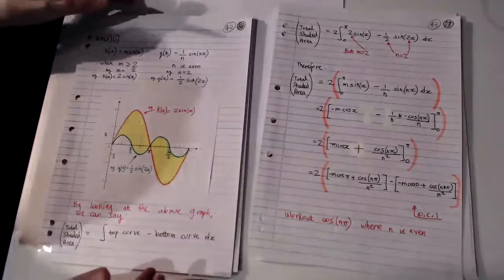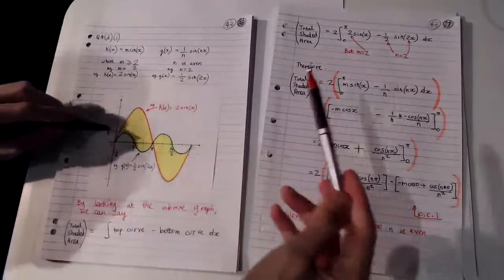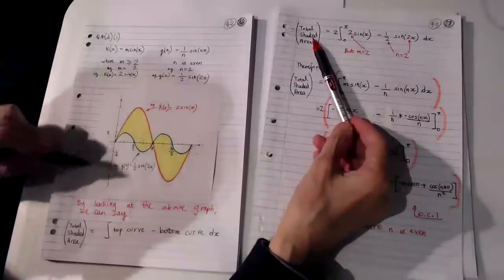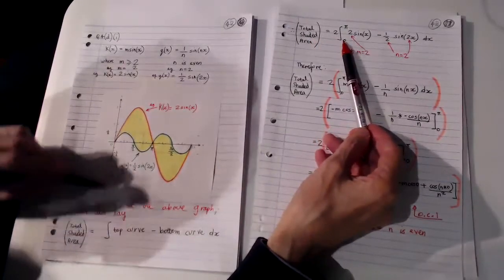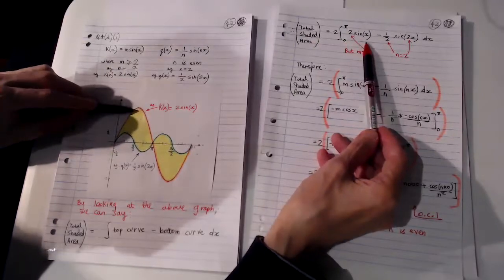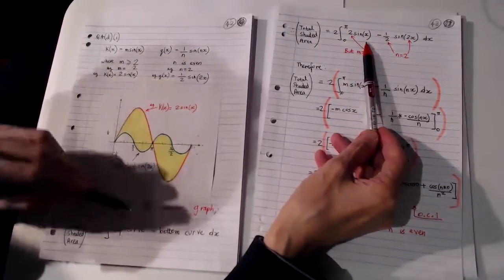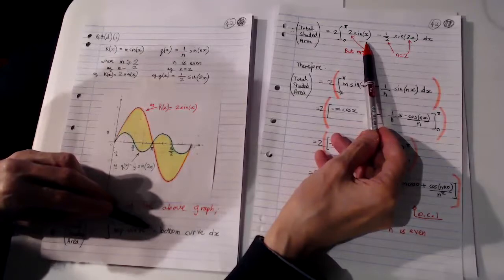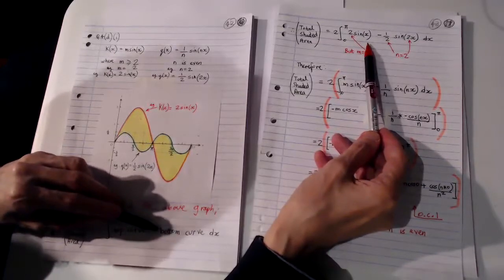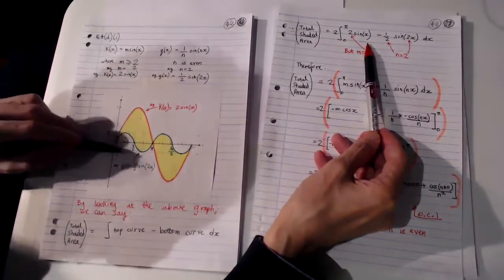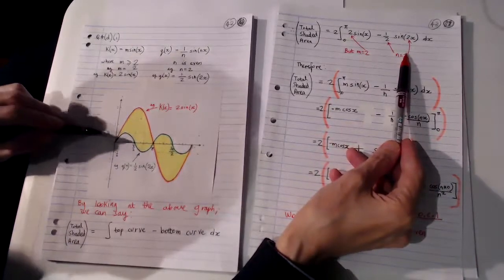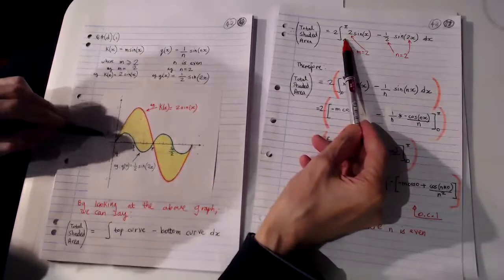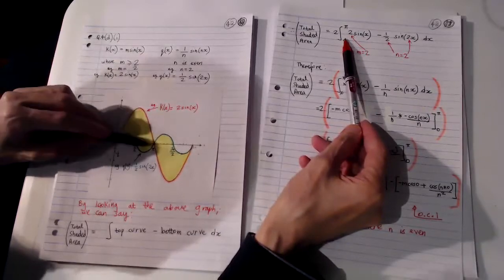The total yellow area is equal to the integral of the top curve, which is 2 sine x, minus the bottom curve, which is the green curve, a half sine 2x, between x equals 0 and pi.